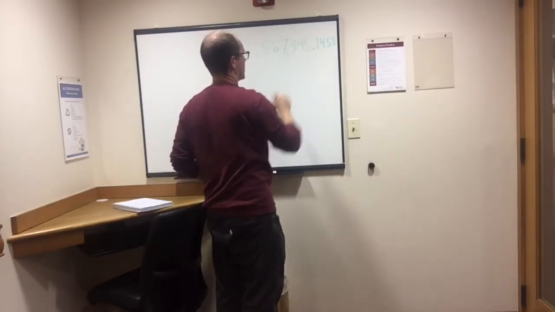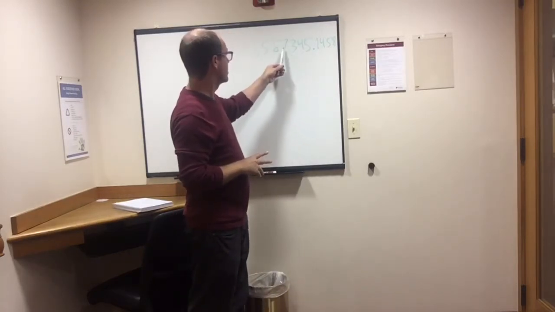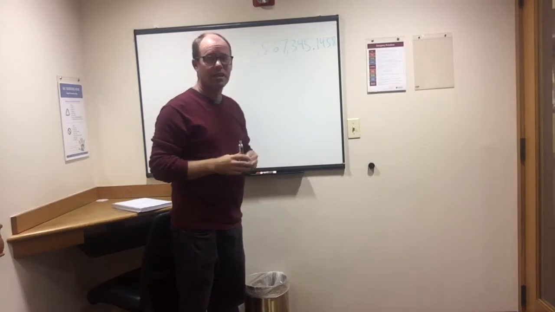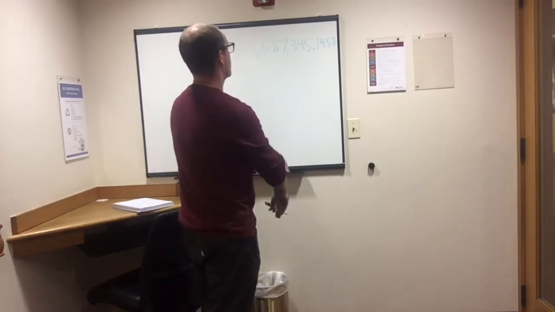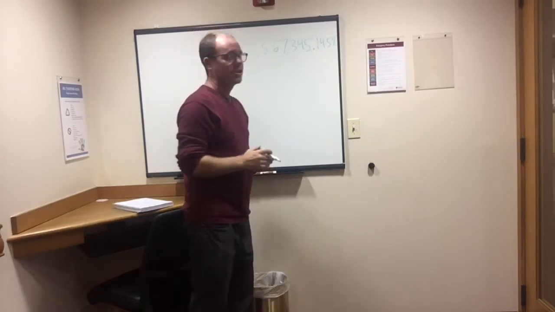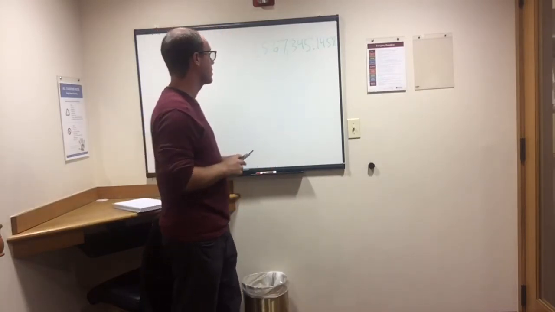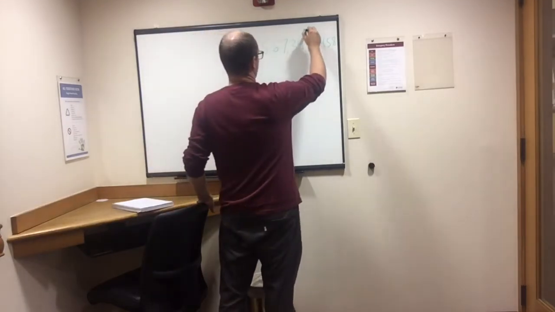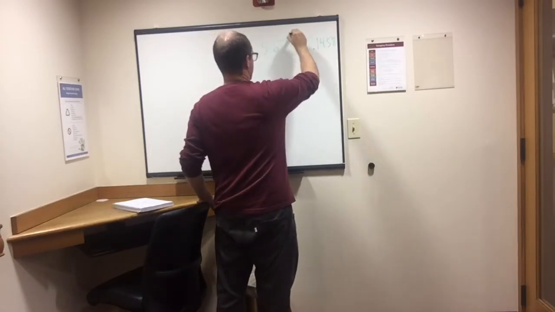The first number is in the ones place, then tens, hundreds, thousands, ten-thousands, and so on. So what if the question was to round this number to the nearest hundred, not hundredths, but just the nearest hundred? Ones was here, tens, hundreds. So hundreds is the 3, this number right here.